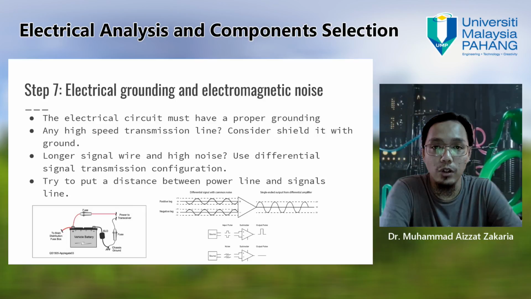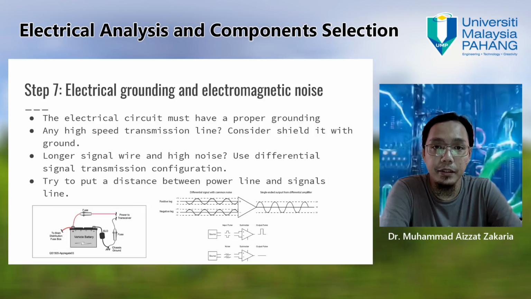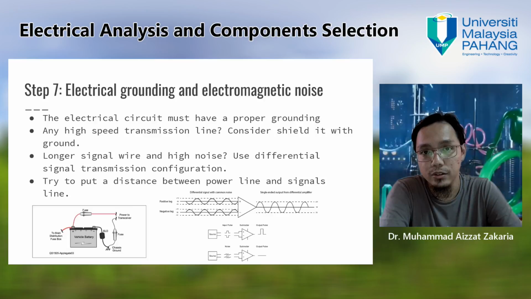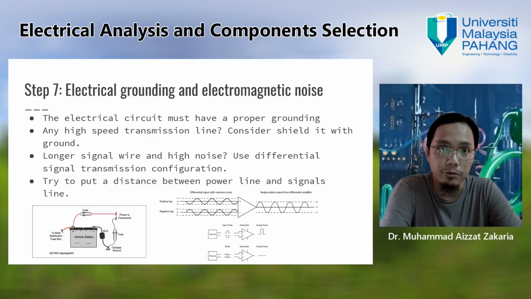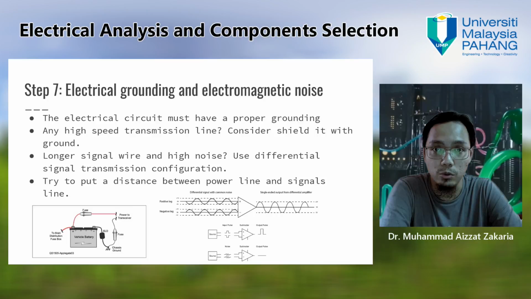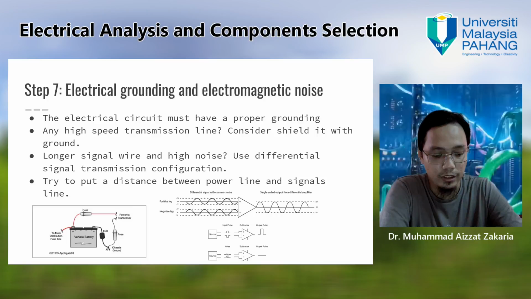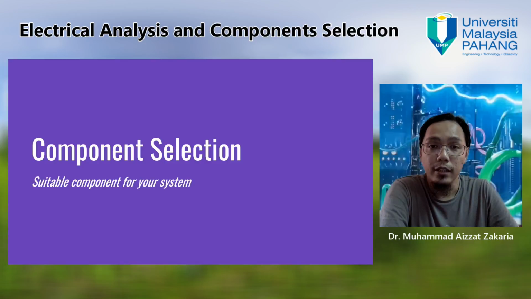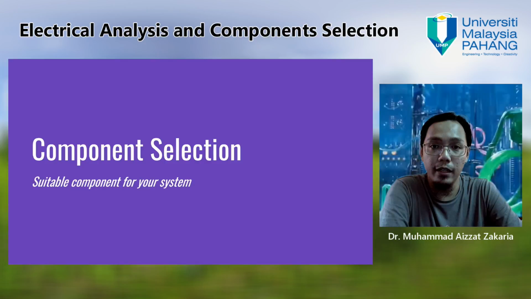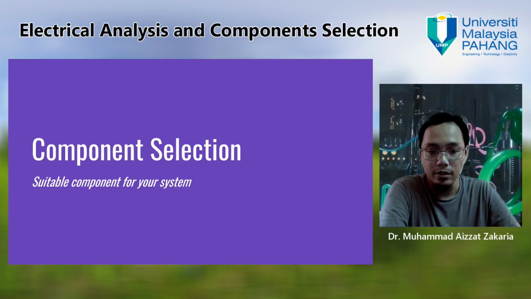This avoids electromagnetic noise in our signal, which would cause errors when we do the programming later. And of course you have to put in the safety factor, fuse, and other safety precautions.